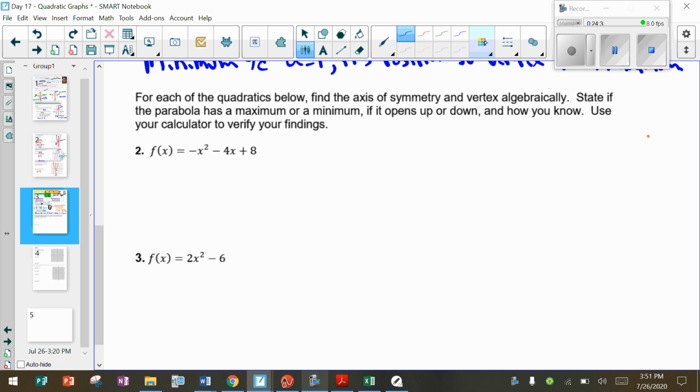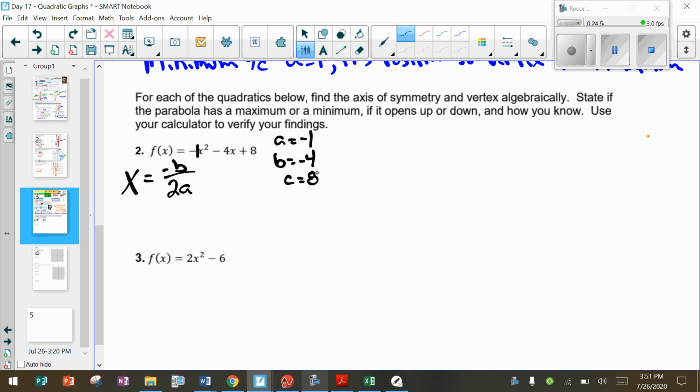The formula for the axis of symmetry, that's what we find first, is x equals negative b over 2a. Our a value this time is negative 1. Our b value this time happens to be negative 4 again, and c this time is 8.